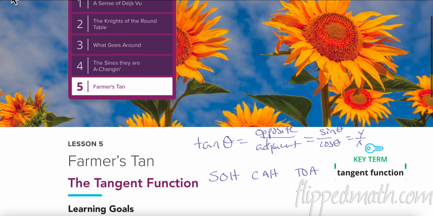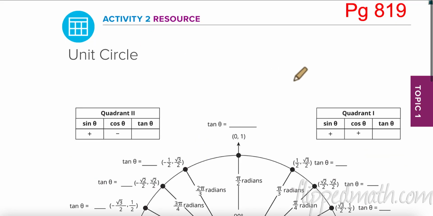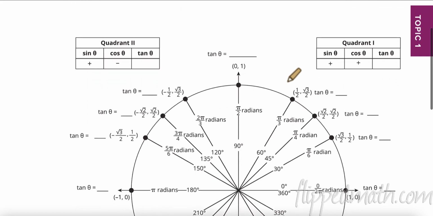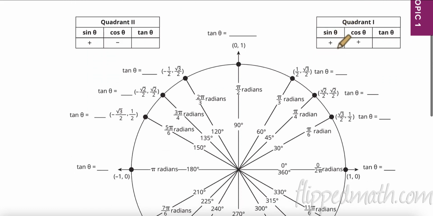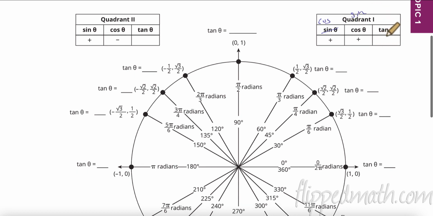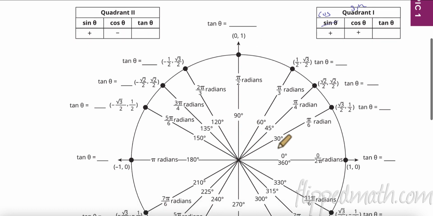So a little unorthodox. I want you to go to page 819. All right, remember on 819, I prefer you write it cosine and sine and then tangent. But the thing here is, what is the sign of all the tangents in here? Well, when I divide a positive sine by a positive cosine, my tangent is going to be positive.